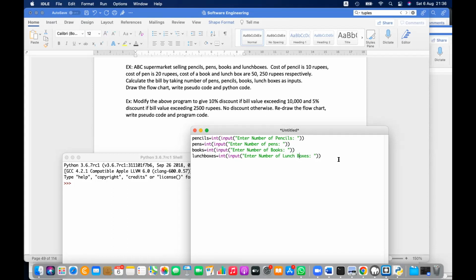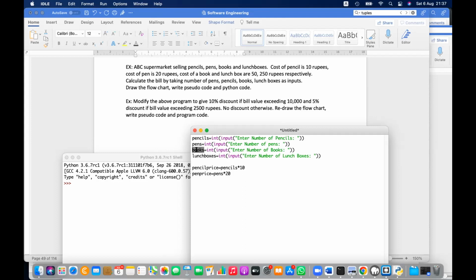When you know this, to calculate the prices, let's say pencil price is equal to number of pencils multiplied by the price of a pencil. Cost of a pencil is 10 rupees, so you can just multiply that by 10. Then pen price is equal to pens multiplied by the price of a pen, 20 rupees.